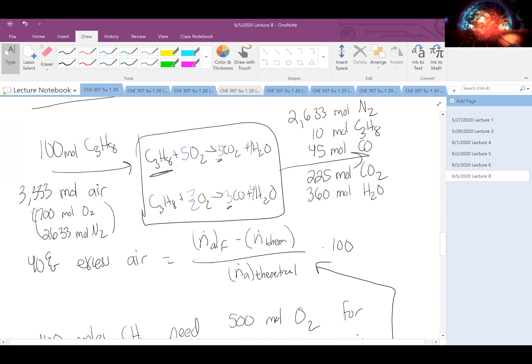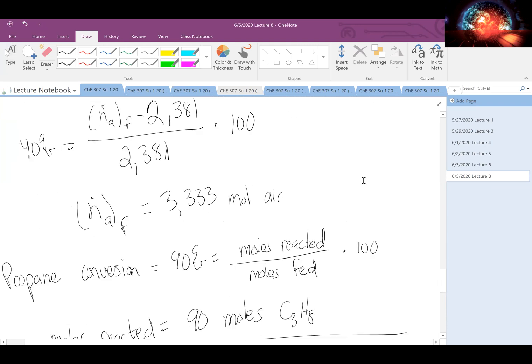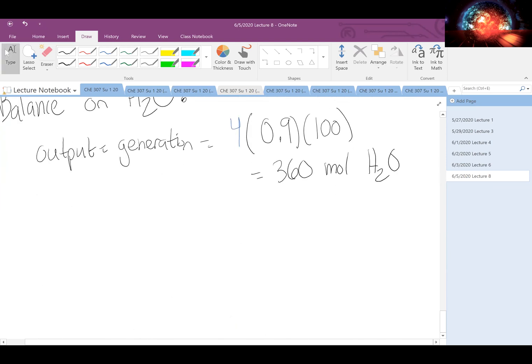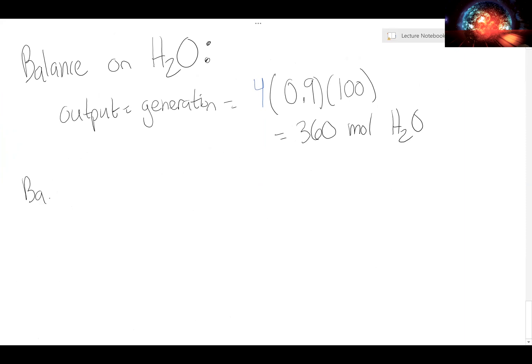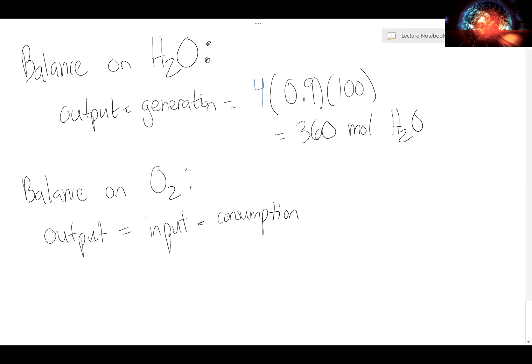And all I think I have left now is the oxygen, which I have the moles coming in. I can calculate the moles being consumed so I can get the output. So if I was going to do a balance on my oxygen, I would say output equals input minus consumption.